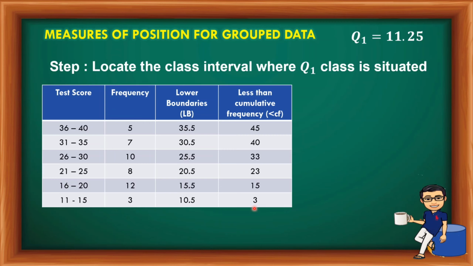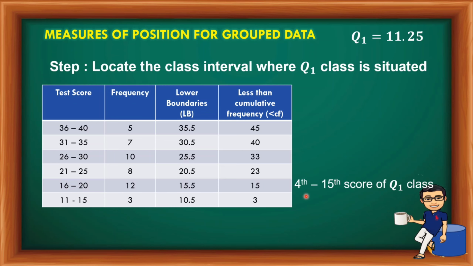Ibig sabihin, kasunod ng 3 ay 4. So, 4, fourth score, fifth, sixth, seventh, 8, 9, 10, 11, 12, 13, 14, 15. Hanggang dito, yun yun. So, 4 to 15, dito naman mapupunta sa class 16 to 20.